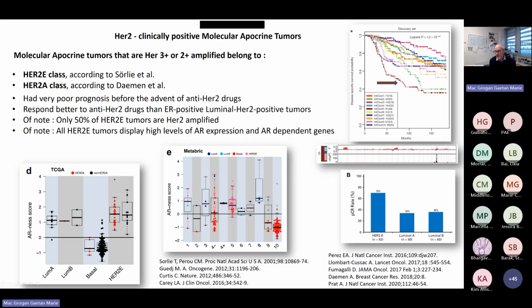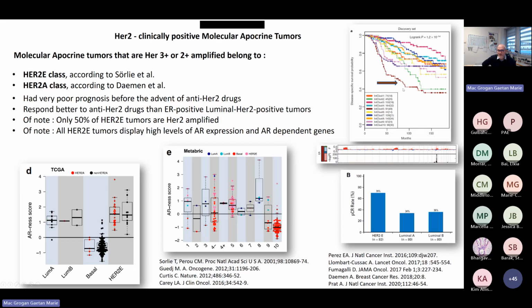If you look at the Kaplan-Meier on the right of your screen, you can see this is the METABRIC study, where they studied different molecular classes of tumors, and the brown curve corresponds to our HER2 enriched tumors with amplification of HER2.